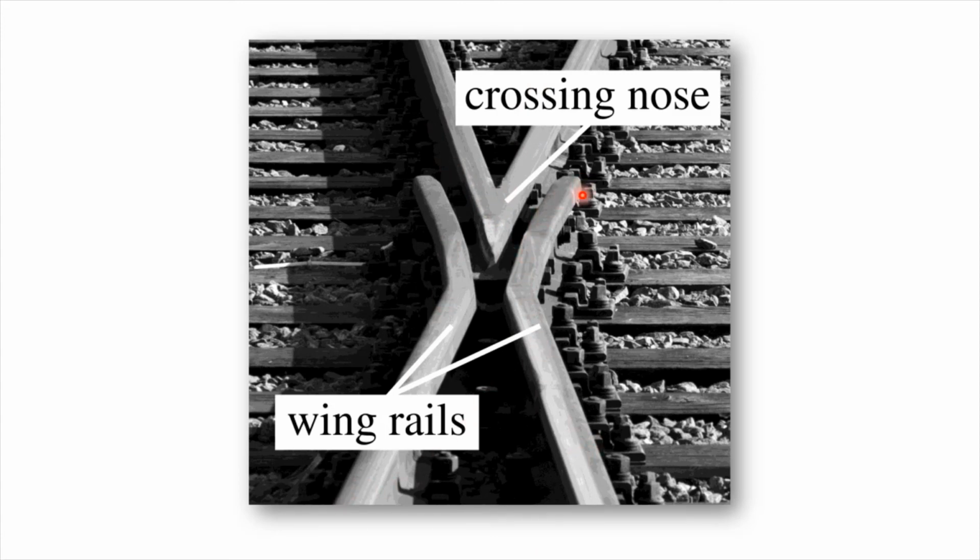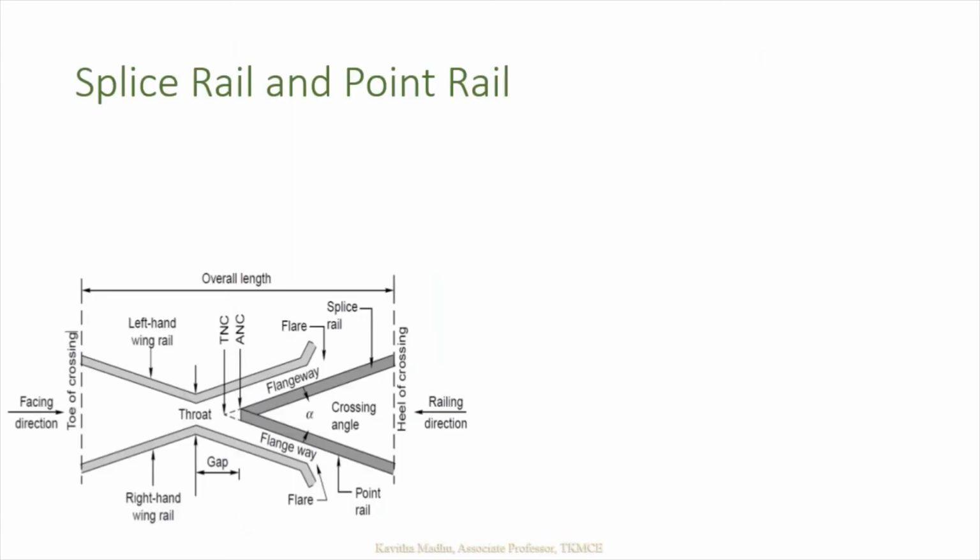This flaring will enable the flange to move smoothly between the two rail sections of the crossing. Let me explain the difference between the splice rail and point rail. Splice rail or point rail are the two rails joined together to form the nose of the crossing. There are two rails running by the side of that which enable the flange to move between the two rail sections.